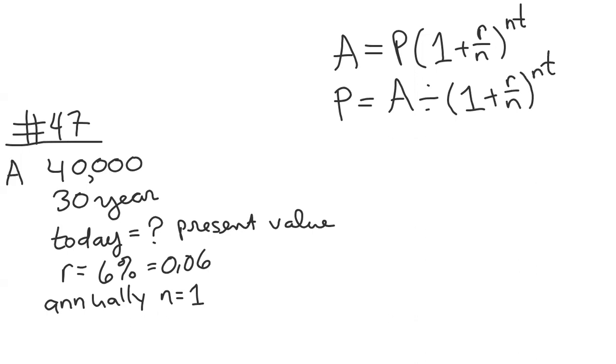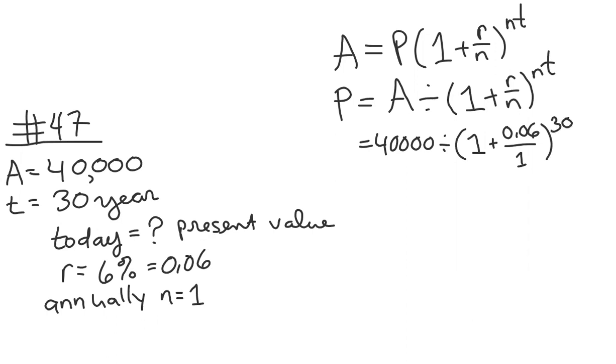The future value is the 40,000. T is the number of years, right? We have our rate there and our n. So now we just need to plug and chug: 40,000 divided by the quantity 1 plus the ratio 0.06 divided by 1, raised to the exponent of nt, so just 30 here.